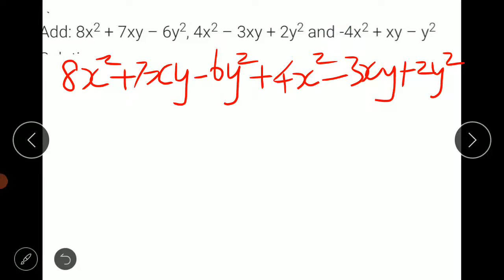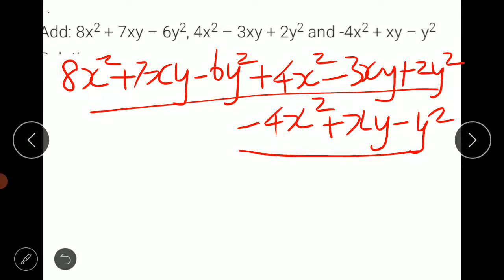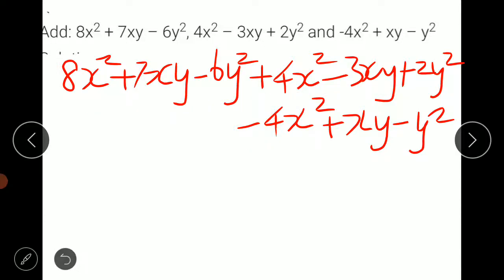It should be continued, such a long line. I don't have space, so that's why I'm writing down. Okay, now all the expressions together we added. Now after adding this, we need to find out the like terms.